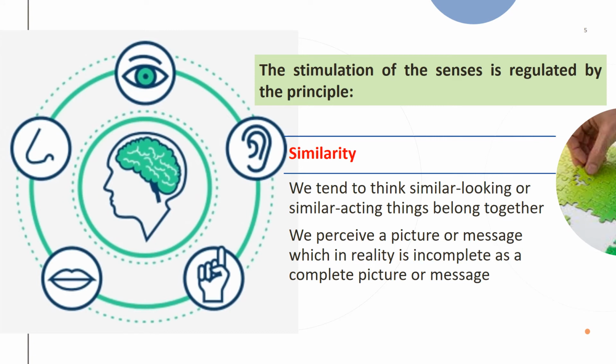We also group things together based on similarity. We tend to think similar looking or similar acting things belong together. I have two friends that I occasionally go out with, and we are all three females, around the same age, and the same race, with veils, and also glasses.